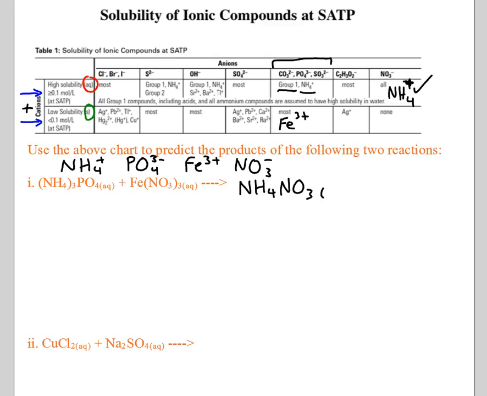Even writing the chemical formula of that in aqueous form is not suggestive of the fact that a new compound is formed. Rather, we would understand that we still have free-floating ammonium and nitrate ions, which are really not associated with each other. We can write this theoretical product, but in fact, because it has high solubility, we won't form any new chemical properties with the combination of those two.